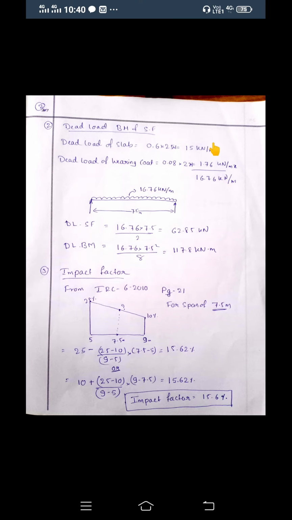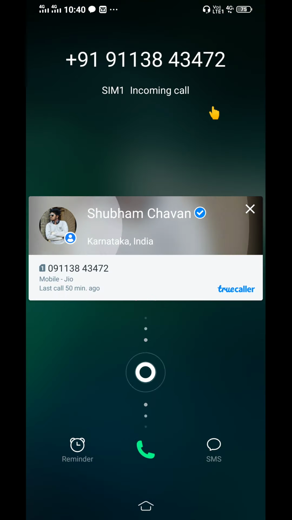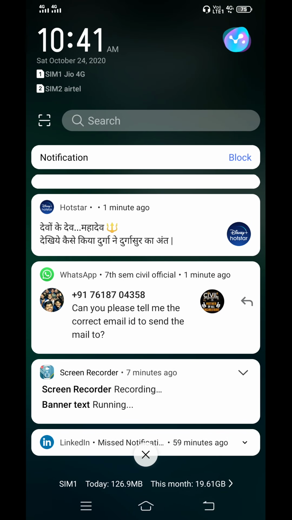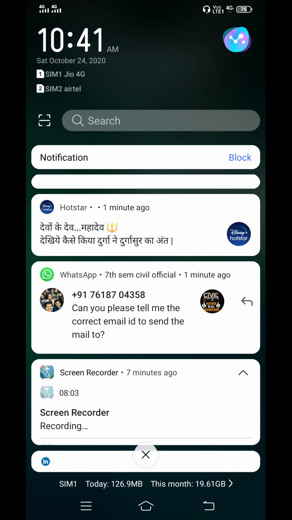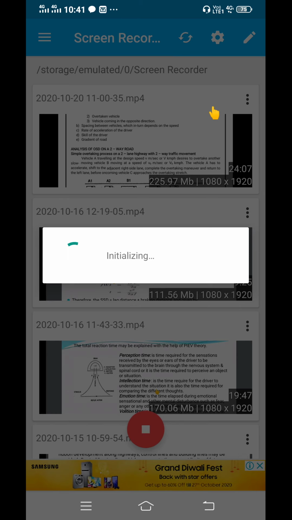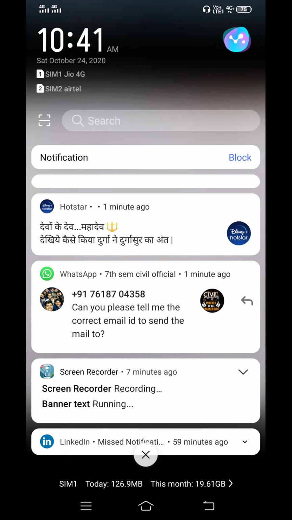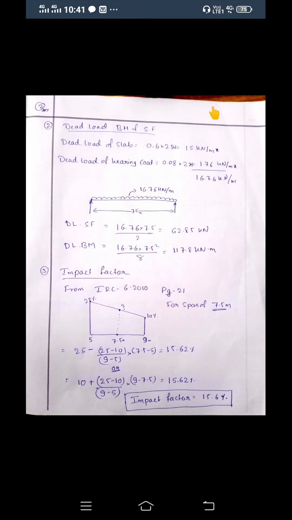Next we will go for the dead load calculation, that is, the dead load bending moment and the shear forces.